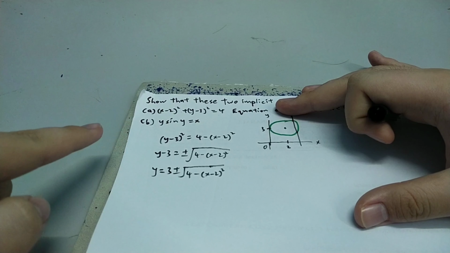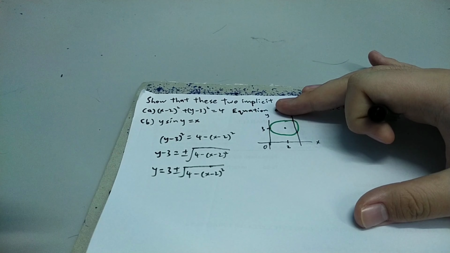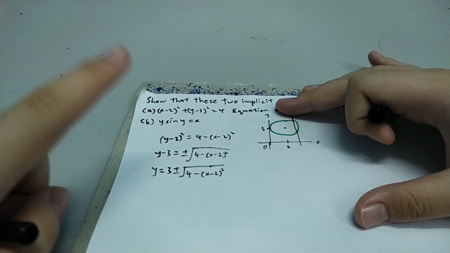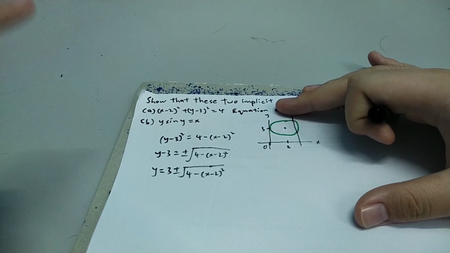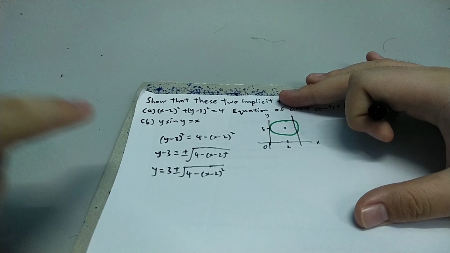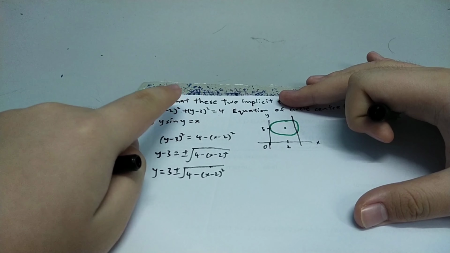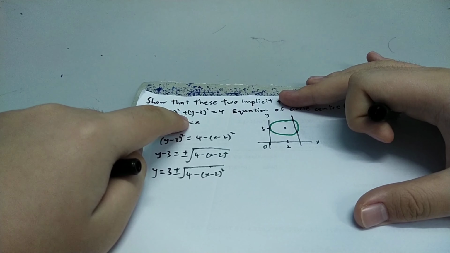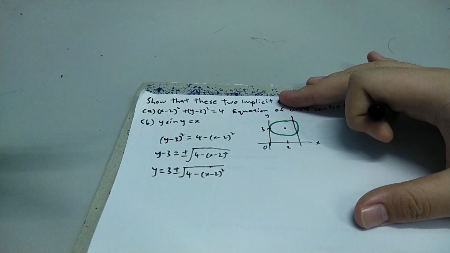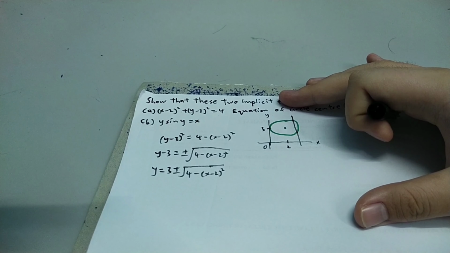But since this implicit function has a one-to-many relation, we can conclude that this is not a function, because a function will not have a one-to-many relation. So we can straight away conclude that this implicit function is not a function, and we are done for question A.